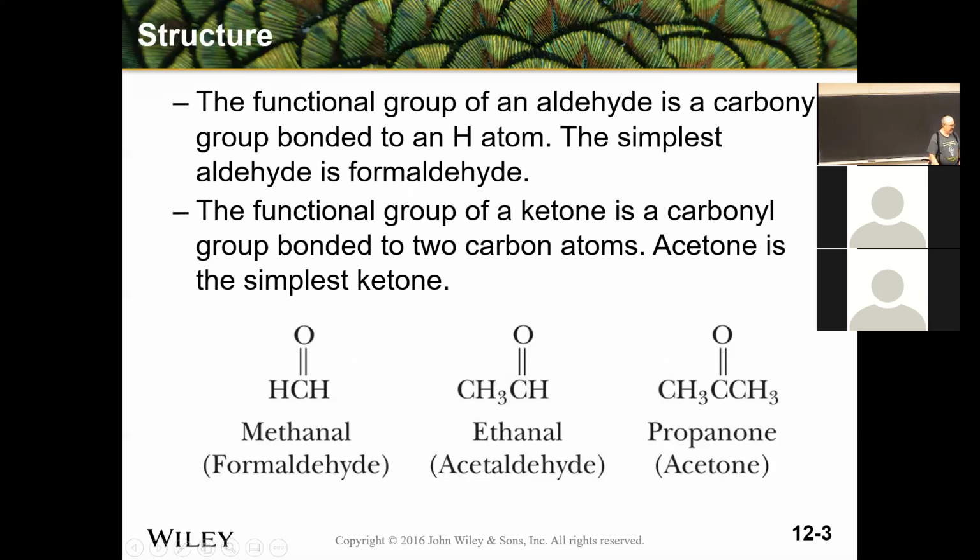Right, then this is acetaldehyde in the middle, or ethanal in the IUPAC. Propanone, okay, this time the suffix is -one. We have a ketone. There's no hydrogens directly bonded to the carbonyl carbon, just two carbons. This is much more commonly known as acetone.